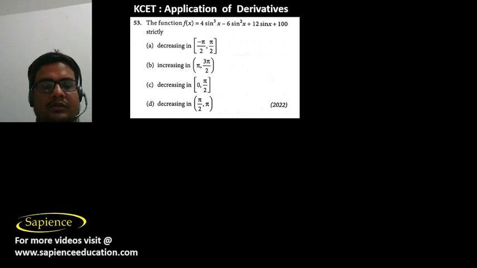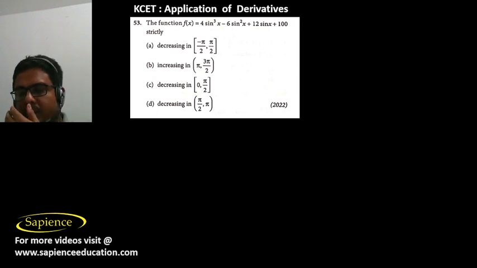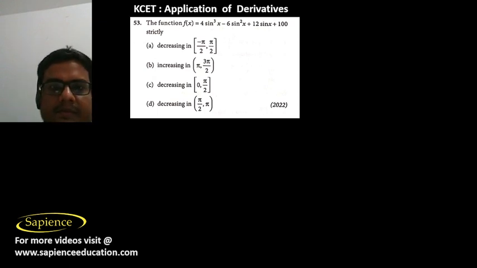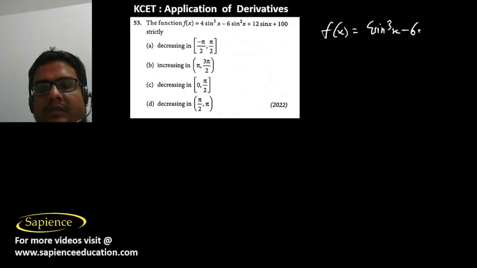Then in question number 53, which is the last question. So here the function is strictly decreasing and increasing in 2 sin cube x, 6 sine square x, 12 sine x, 100.